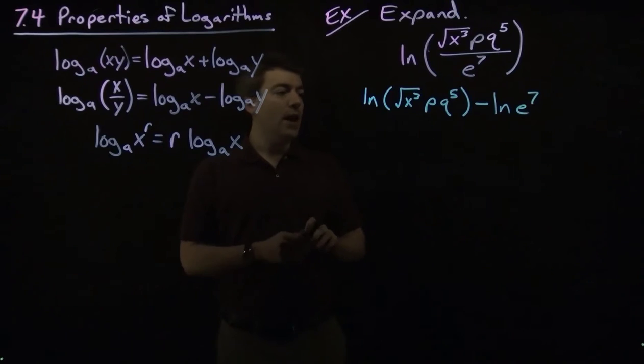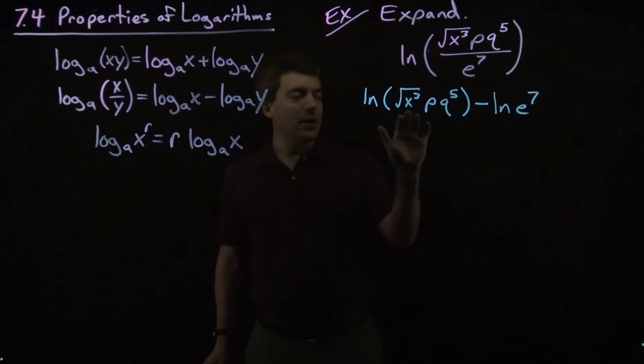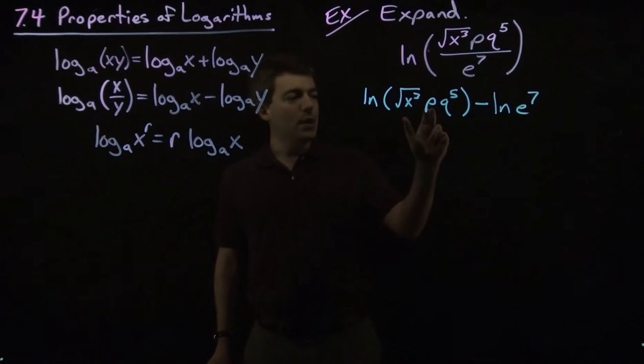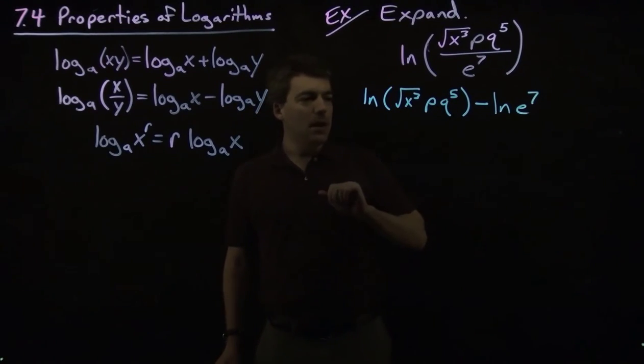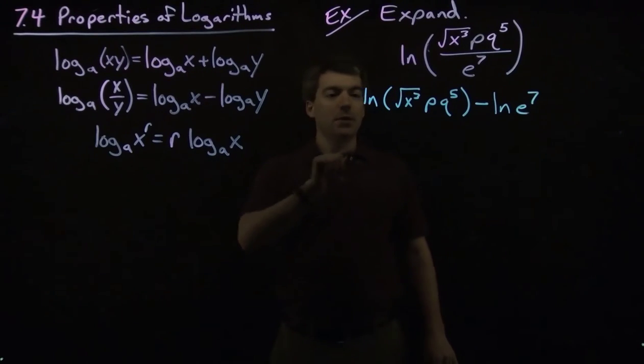All right. Now, we have the natural log of a product of these things, square root of x cubed, p, q to the 5th. We can use the first property to split that up into a sum of logarithms.